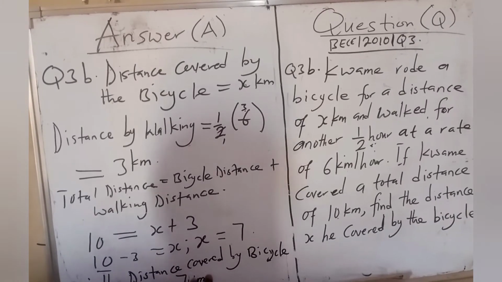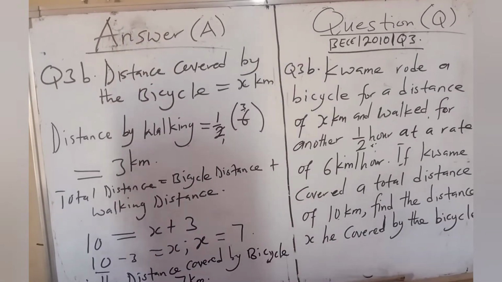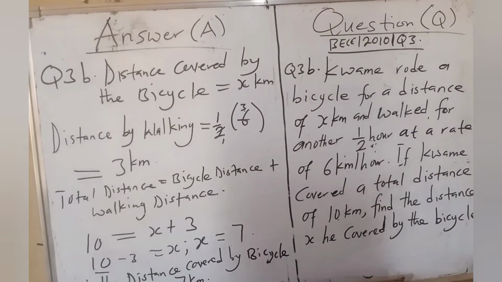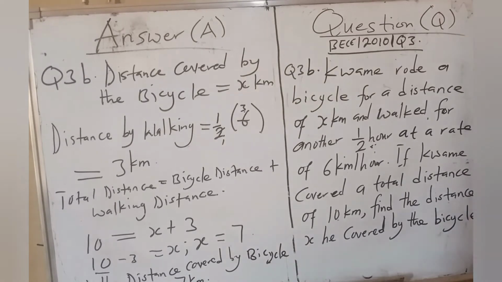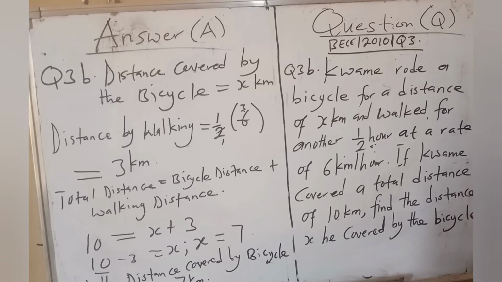So that is how we find the distance that Kwame covers by the bicycle. That's the only question we are asked to find as far as the question is concerned. So there's no other question as far as this particular question is concerned. And that is the second part of question 3.